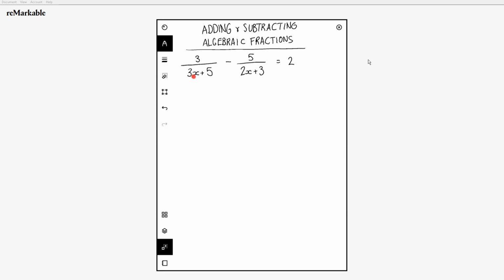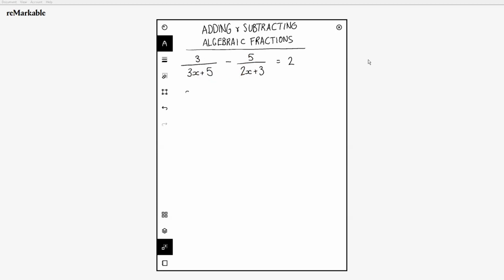In this case, these are two completely different denominators. So whenever we've got two completely different denominators, we just multiply this whole fraction by 2x plus 3 and multiply this whole fraction by 3x plus 5. And now our denominator is 3x plus 5 times 2x plus 3.